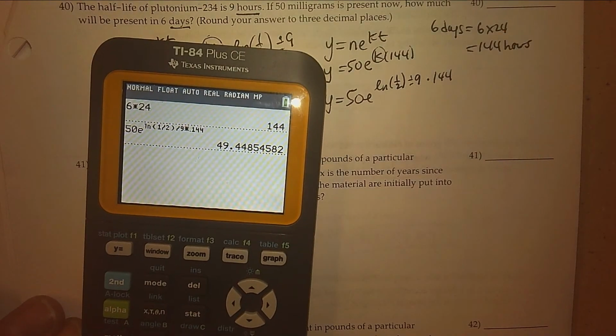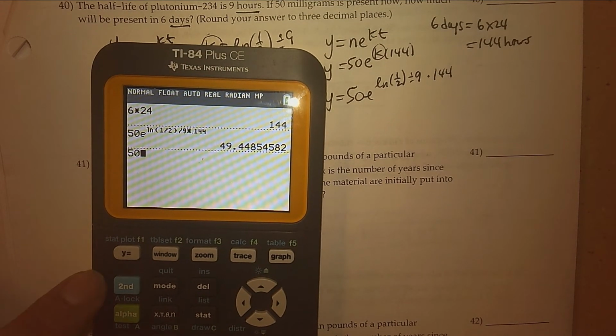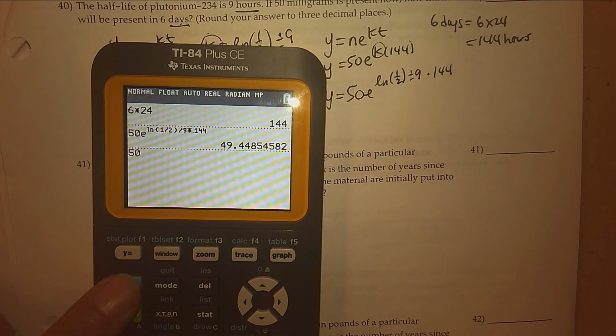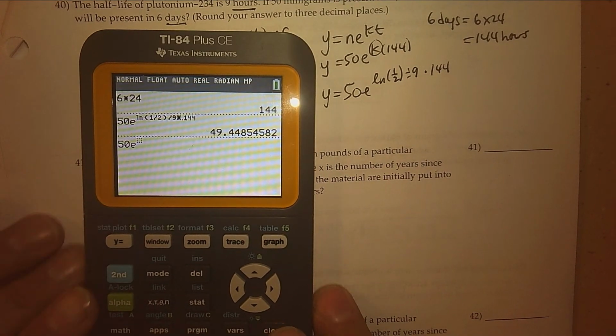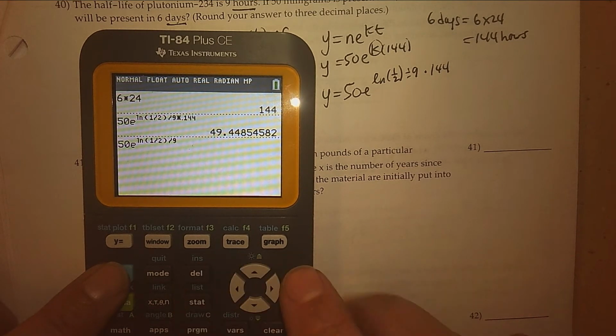Let's try that again. Let's try this way. So 50, I think if I change the parentheses here, so again, I'm going to use ln 1/2 divided by 9. But I'm going to insert a parentheses here.